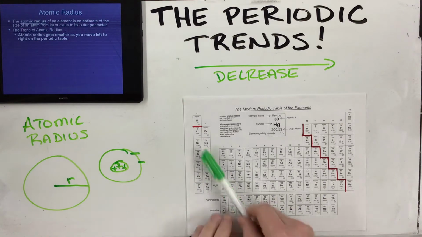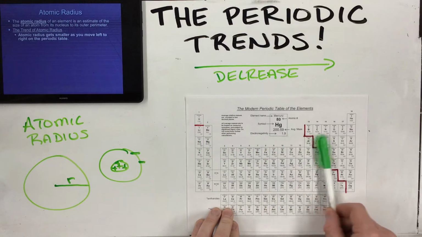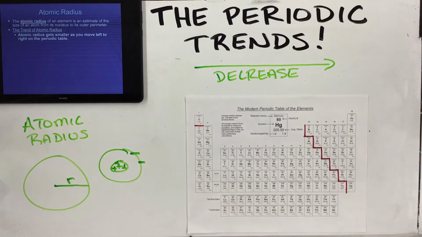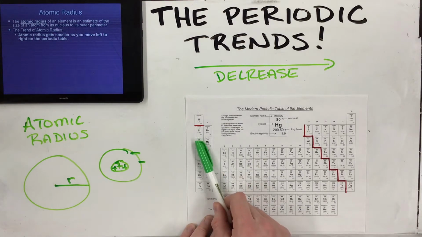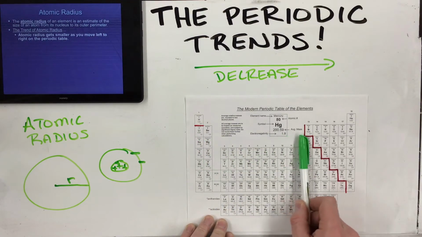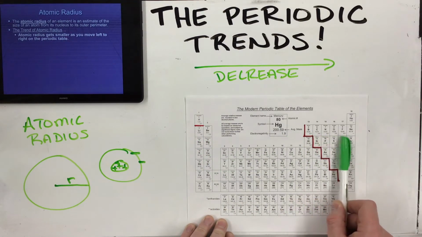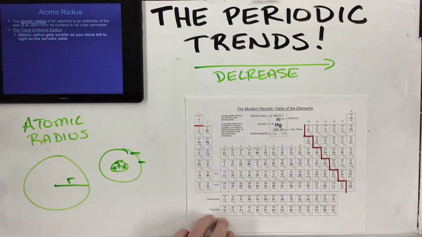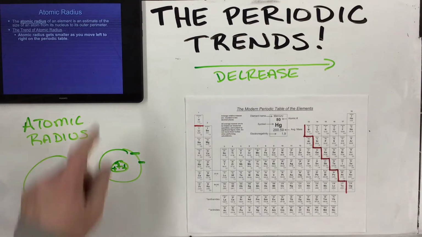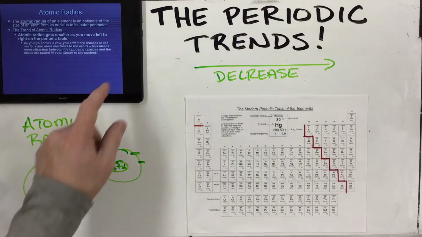So as I go left to right, I continue to add more positives to that nucleus, and it attracts with greater force, because there's more of them, those electrons that are in that outer shell. So basically, the larger atoms will be here, and as we go across, they'll get progressively smaller and smaller until we reach the end. And that's just what this says.